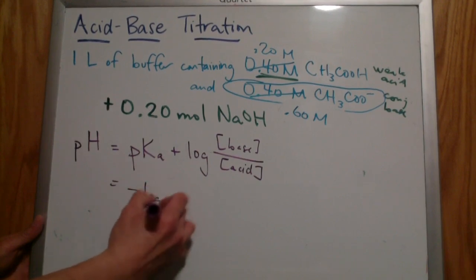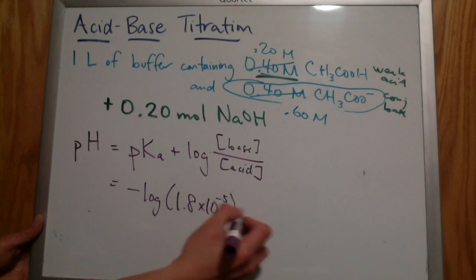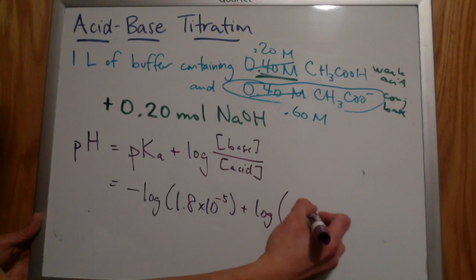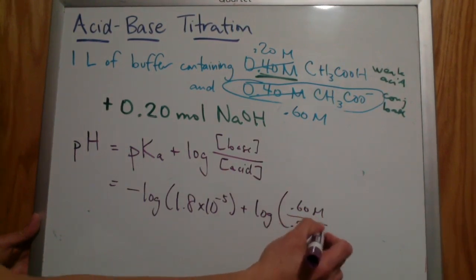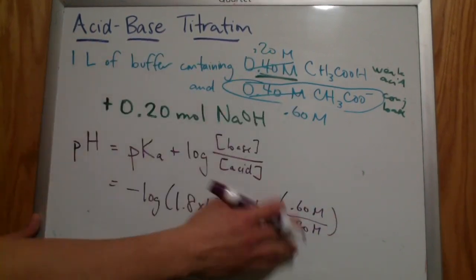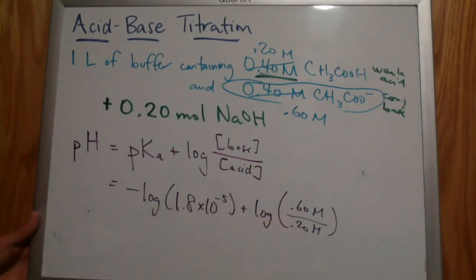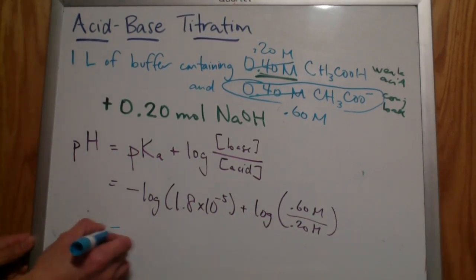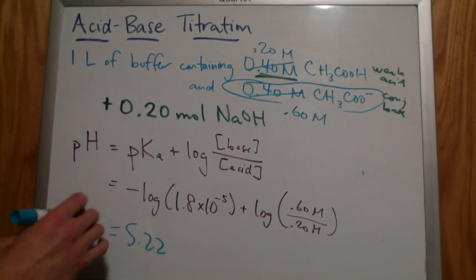So we negative log 1.8 times 10 to the negative fifth plus the log of the concentration of the base, which is now 0.60 molar, divided by 0.20 molar. Now, if you notice, we could have used the moles because the volume was the same for both of those. So now this is the log of 3. Let's add that in. If we do the math, the pH would now equal 5.22, which is totally fine.